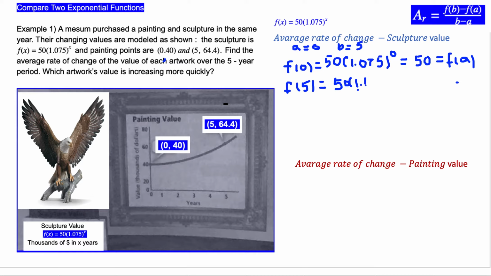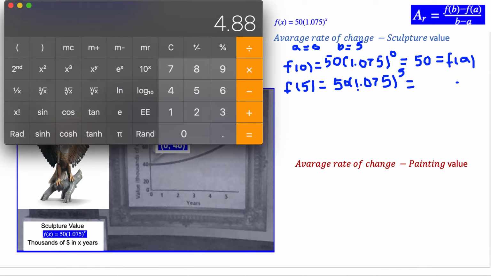Here is 50 times 1.075, and instead of the x, the exponent is the year, 5, so it's 5 here. Let me take a calculator, and the calculator will take care of it. So 1.075 to the exponent 5 gives me this number.